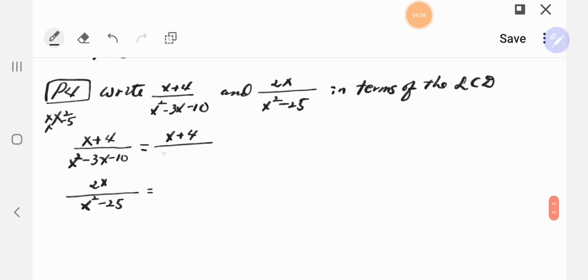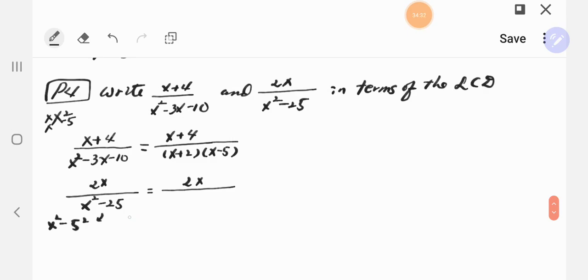So the denominator is x plus 2 and x minus 5. The bottom one, the second fraction, is x squared minus 5 squared.